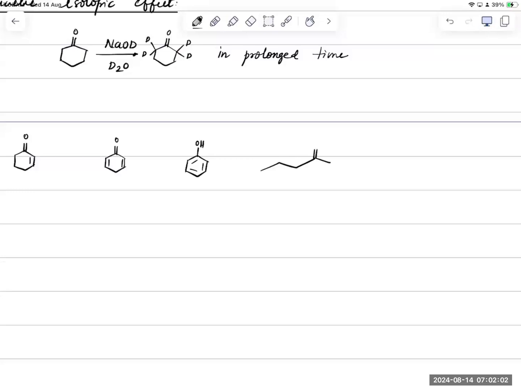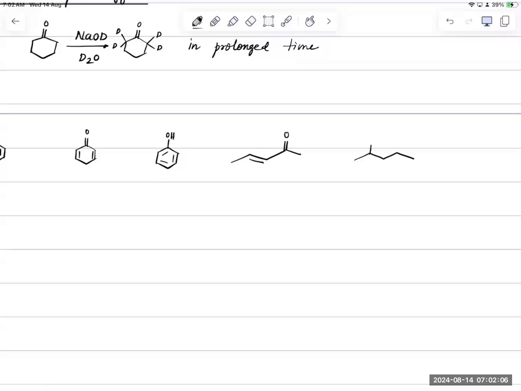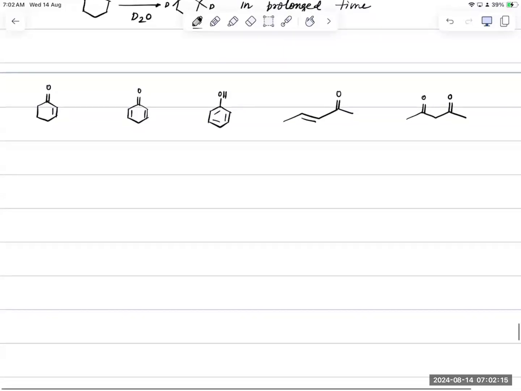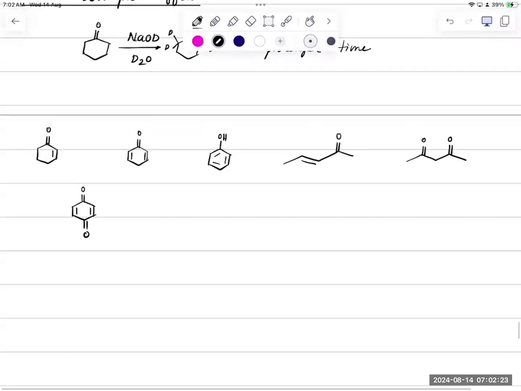If you have double bond O and like this, then how many? Double bond O and double bond O, how many deuterium exchanges can we see? If you have it this way, how many will we observe? Check, everybody.